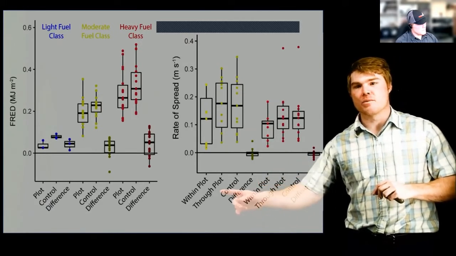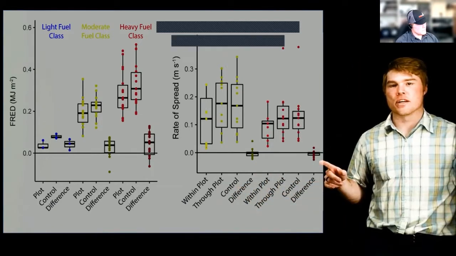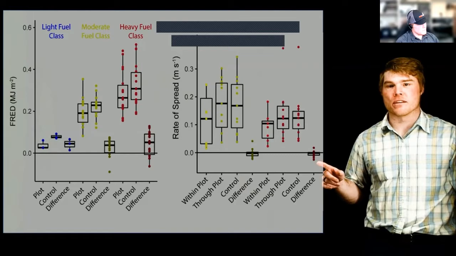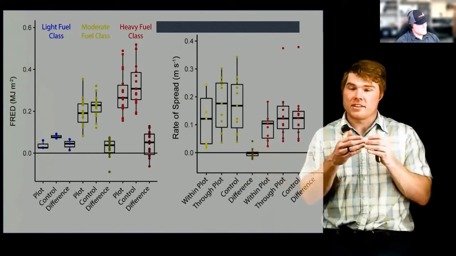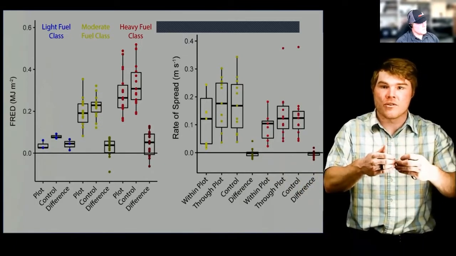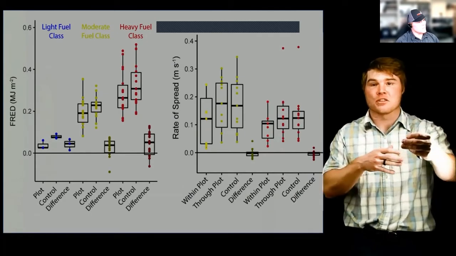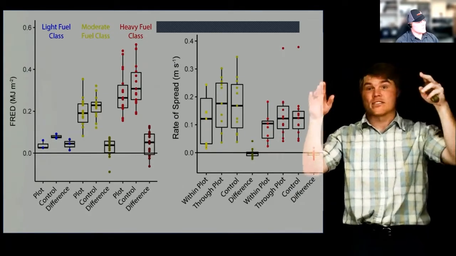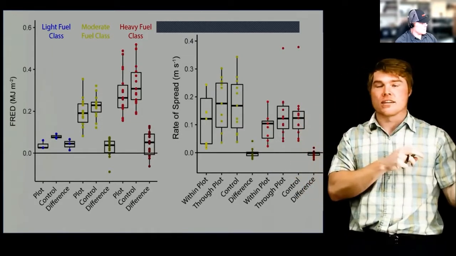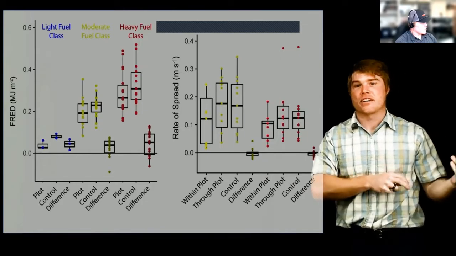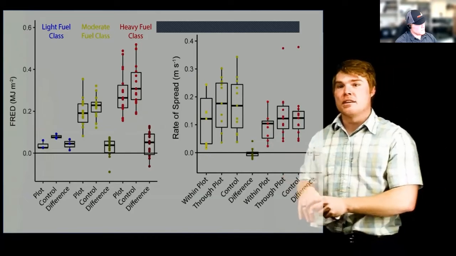You can difference the plot and the control, and we saw no difference in the rate of spread due to treatment. There is a difference immediately within the plot. Basically, fire hits it, it slows down, and then accelerates beyond what the control was doing in order to catch up. And then you get no difference in the fire line. Anecdotally, it's largely reformed, and it's hard to tell anything really happened just seconds after it exits the plot. So that's the rate of spread.